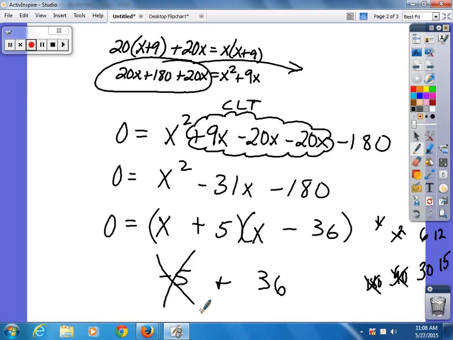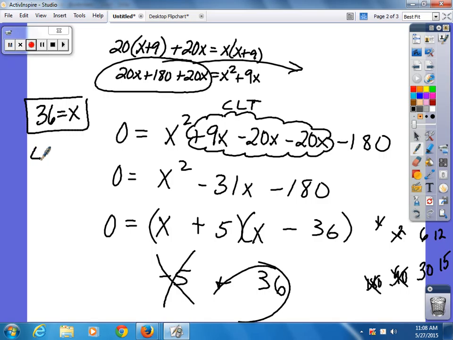So anyway, that has to do with negative time. Unfortunately, we cannot do negative time, even though there's some mothers that think they can. So your answer is what? 36. So x is equal to 36. It takes the girl 36 hours. But the other one takes him what? 45 hours.